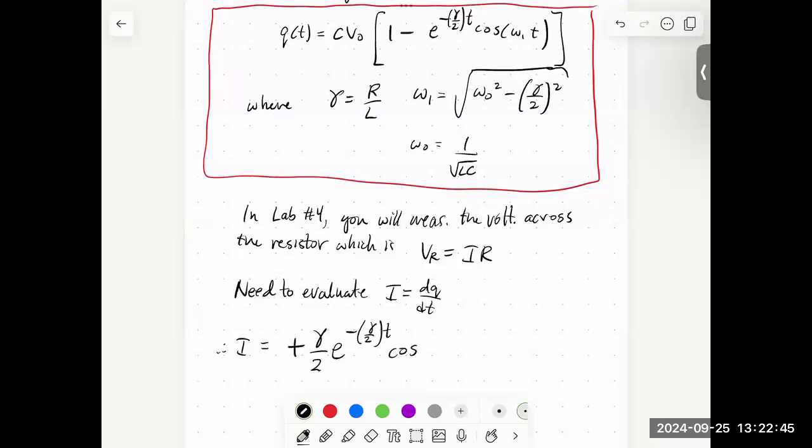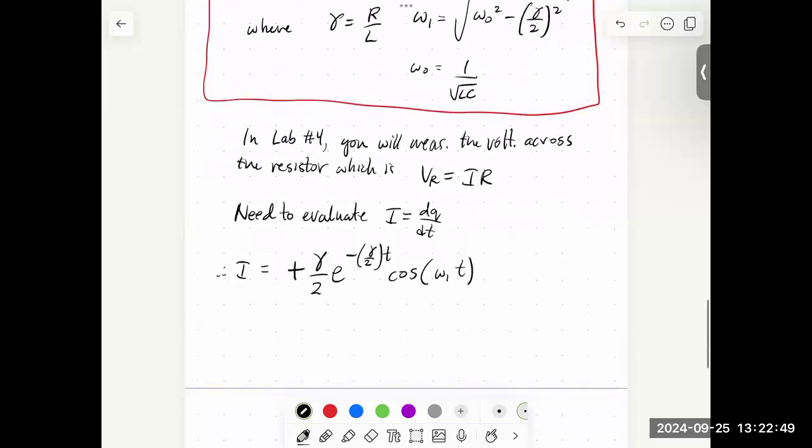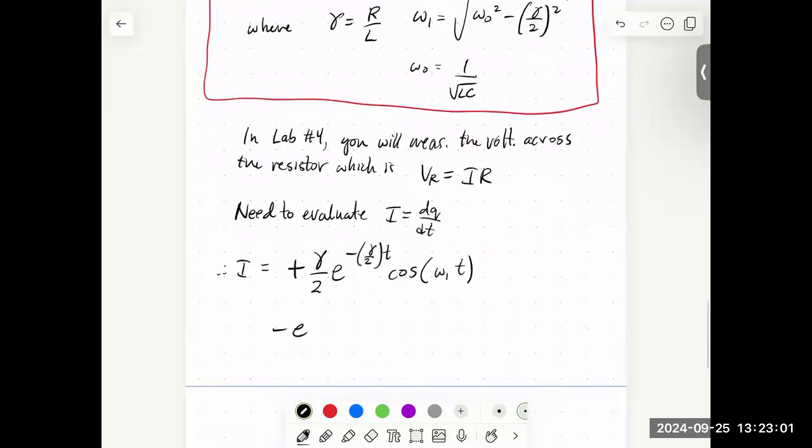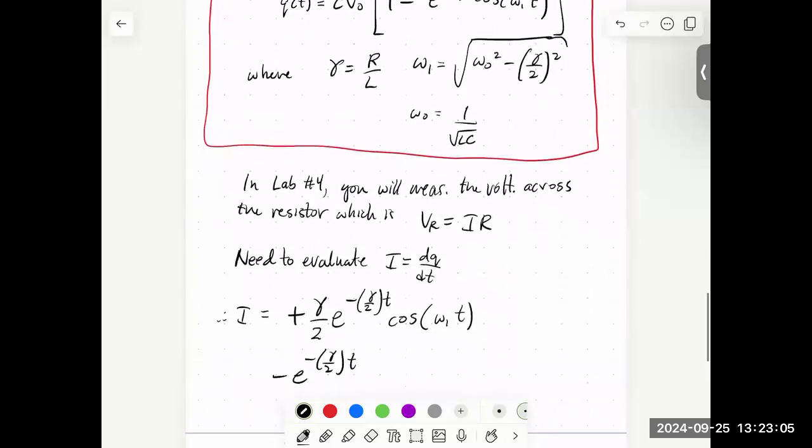And then we have to carry the cosine term along, our factor. And then we have to do the other part of the derivative. Let's see, we're going to get a minus times the exponential. So we would have minus e to the minus gamma over 2 times t.